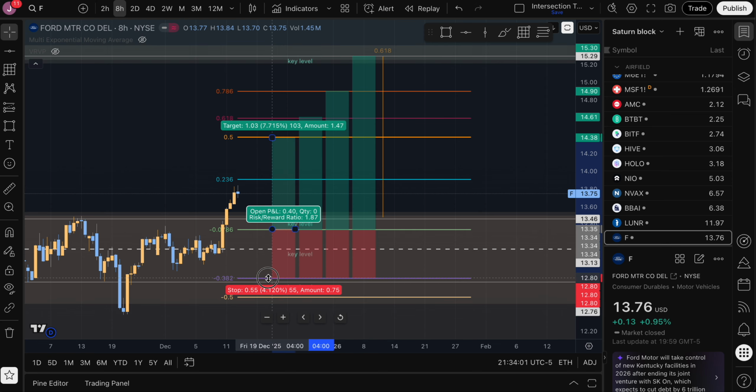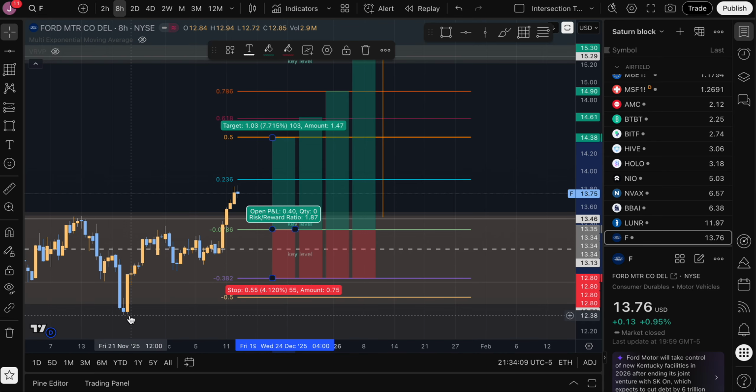And then because I'm thinking that it shouldn't really break this area, it's been a strong higher high, unless it wants to come back down here. That's always a possibility. That's why we need to watch as it reapproaches this key level, or did we miss the trade and it takes off for a while.